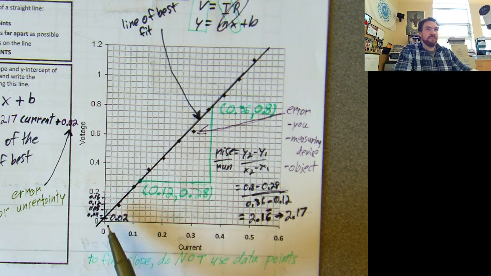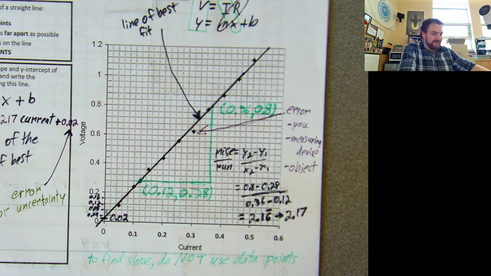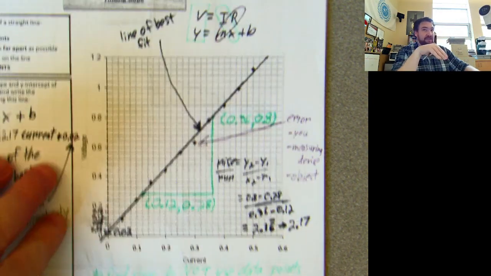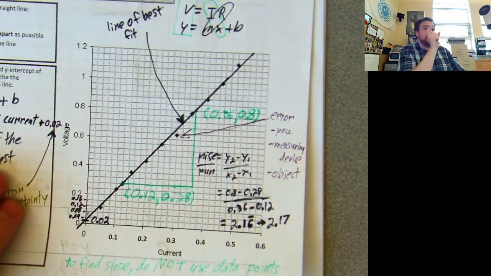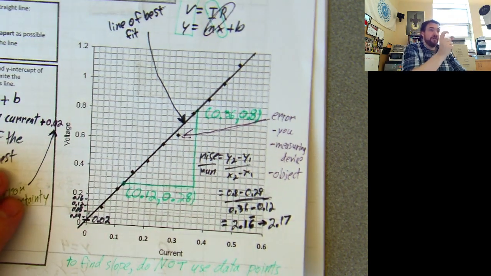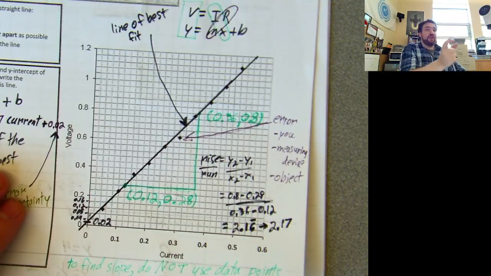Yes, it's a square, but the side lengths are different because the scaling on the graph doesn't have to be the same for the horizontal axis and the vertical axis. You need to pick scales that work independently of each other for both sides so that you use at least half the graph that's provided and still have a reasonable relationship between what you're graphing.